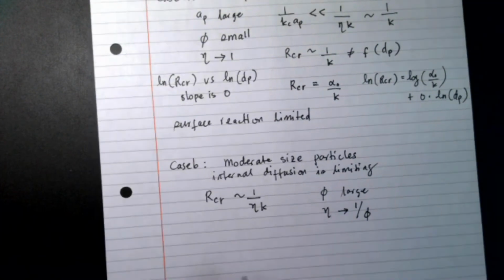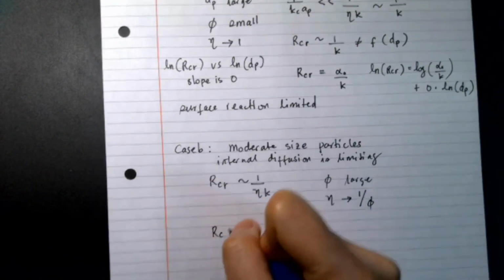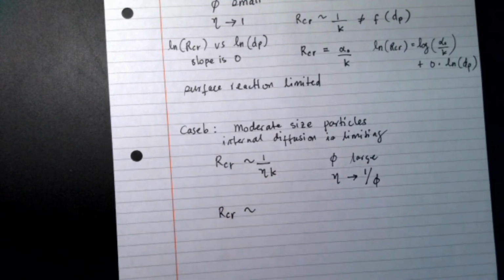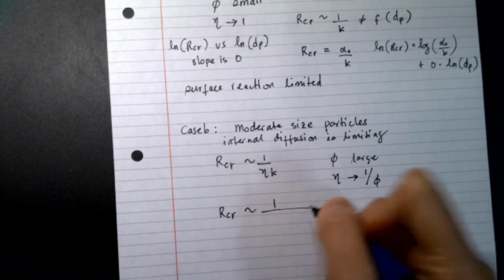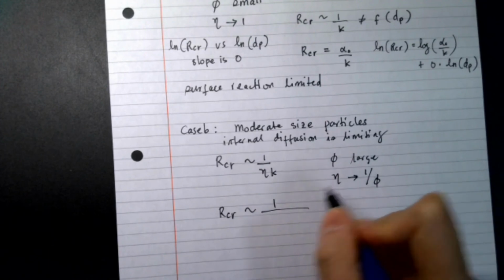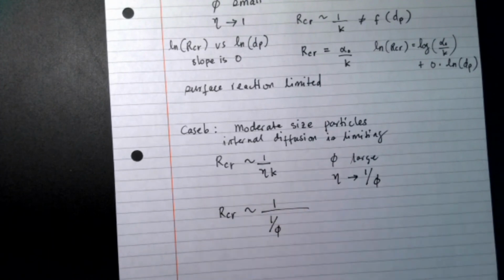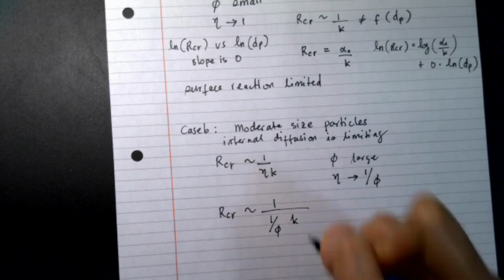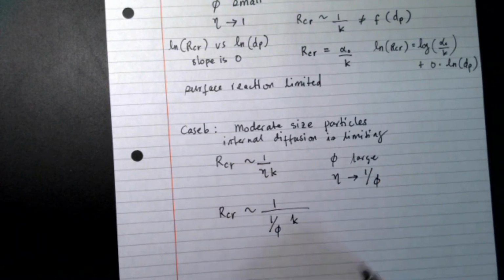So RCR is about, we just substitute in, eta tends to 1 over Thiele times K. Say we have a first order reaction, so that we can easily write out the expression for the Thiele modulus.